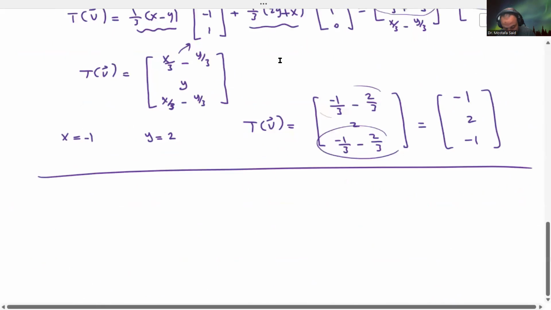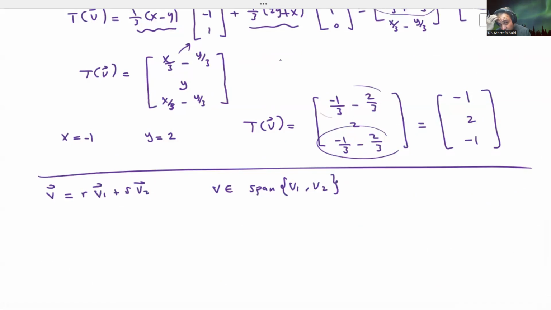So we should say that v equal to r v1 plus s v2. That means that v belongs to the span of the space created by v1 and v2. Let's see if that holds.